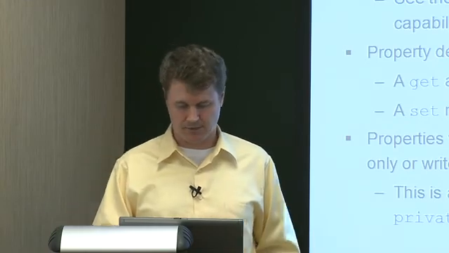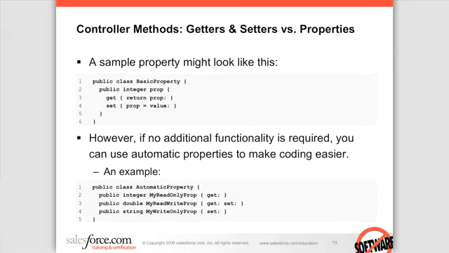So if we take a look at the way a property works, if you haven't seen one of these before, it's a little bit confusing because it kind of looks like a class, but then also a method, so it's weird the way it's declared. But what we do is, in this case here we have a property called prop.